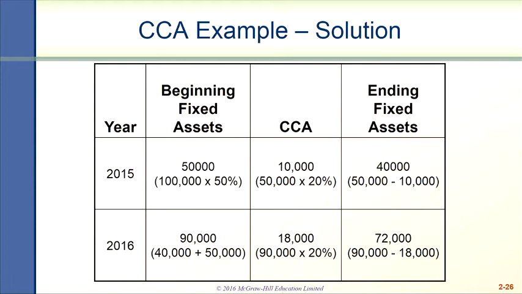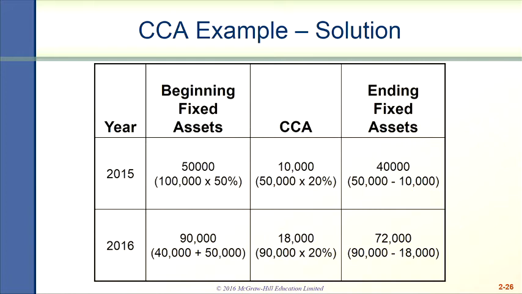So for 2016, it's going to be 100% of everything, which means less the 10,000 originally. So in essence, this is a reducing balance method. If you look at it, the full value was 100,000, and then we took away 10,000 the first year, and the reducing balance is 90,000, which we got by adding the 40,000 remaining plus the half of the 50,000.